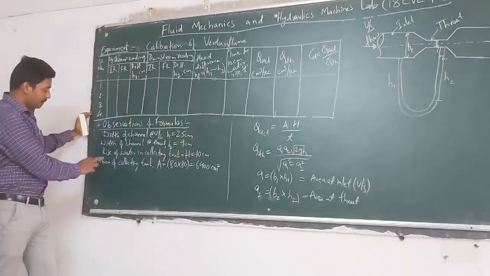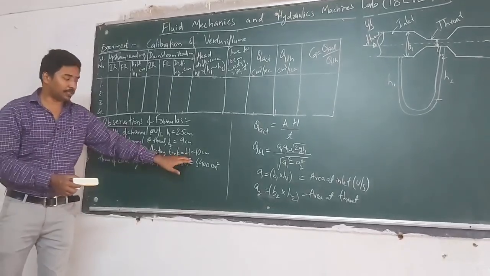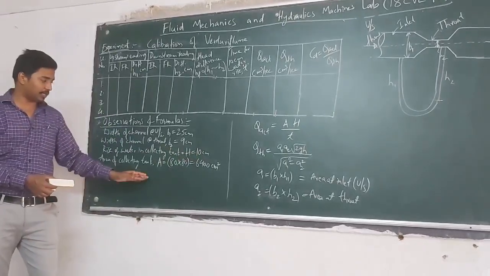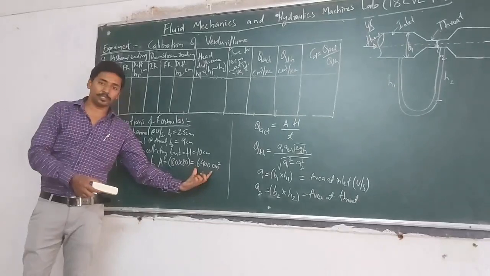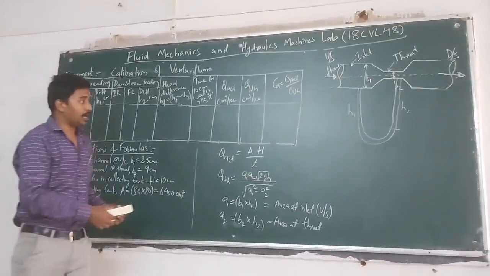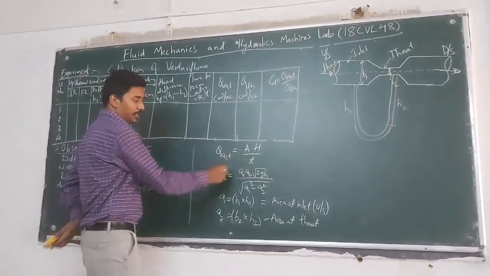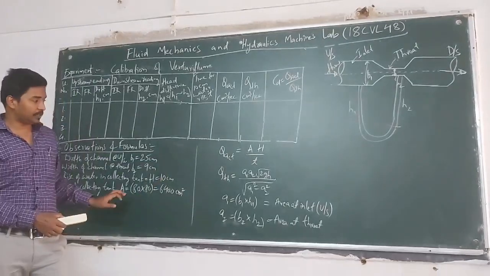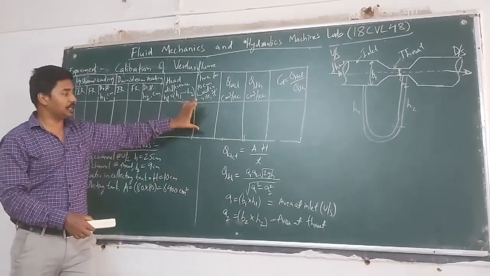The rise of water in the collecting tank is 10 cm, capital H, and the area of the collecting tank is 80 cm by 80 cm, so the area is 6400 cm square. The formula for actual discharge is AH by T, where A is the area of the collecting tank, H is the rise of 10 cm, and T is the time taken to fill that 10 cm rise.